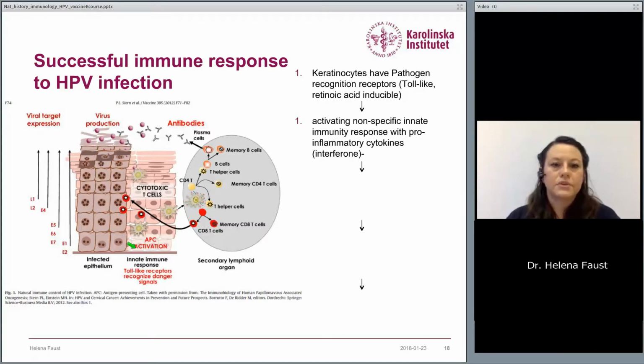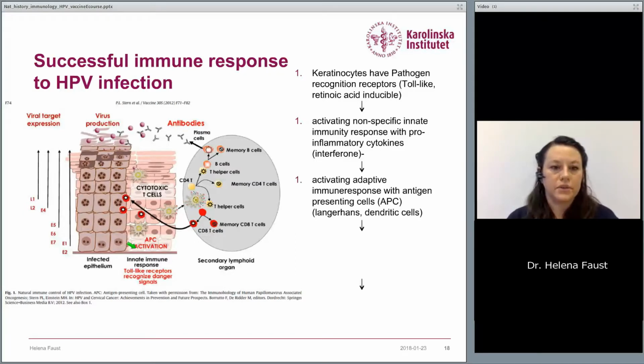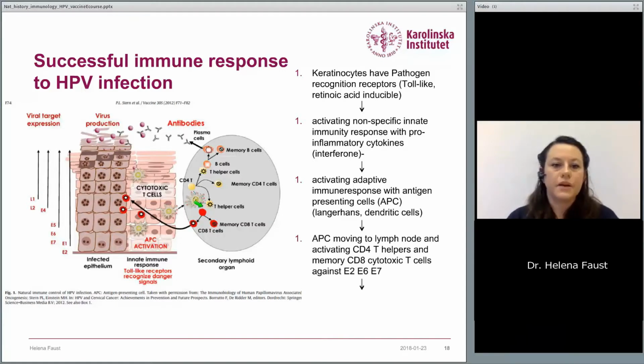These toll-like receptors should activate a non-specific innate immune response with pro-inflammatory cytokines like interferons. Those star-like cells here are antigen-presenting cells. They should pick up these cytokines, travel to a secondary lymphoid organ, for example our lymph nodes, and spread that information.